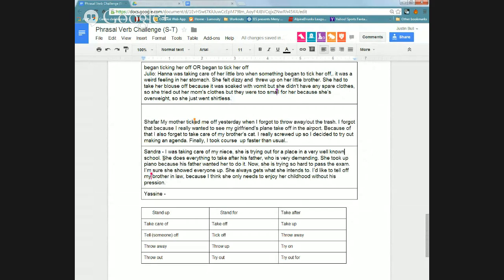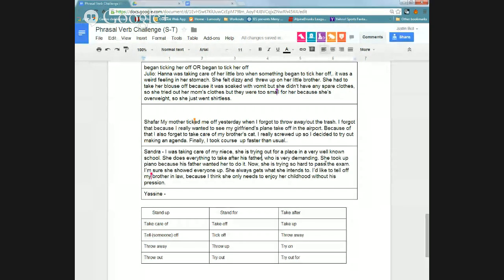This is a little confusing. Yeah, no, it makes sense. Usually it's pretty natural. You don't have to try to take after someone, but I guess you can. Usually it's natural though. I take after my father. I don't even try. But you're saying she does everything to take after her father because he wants her to go to a good school. It makes sense.